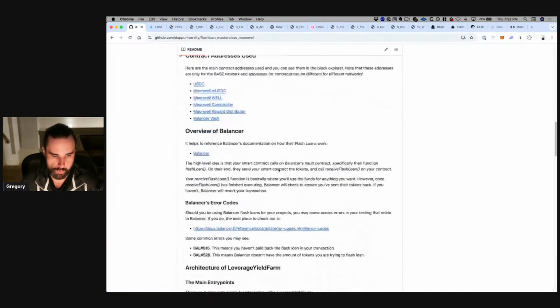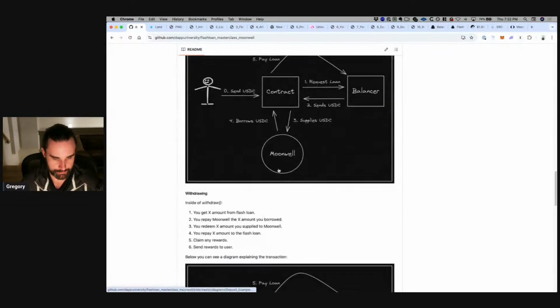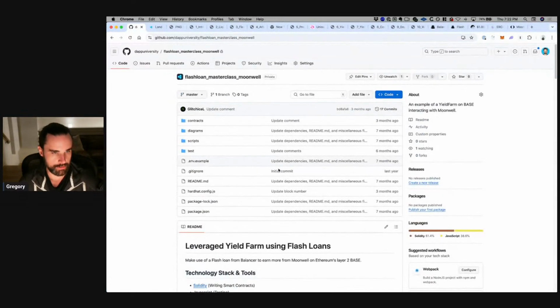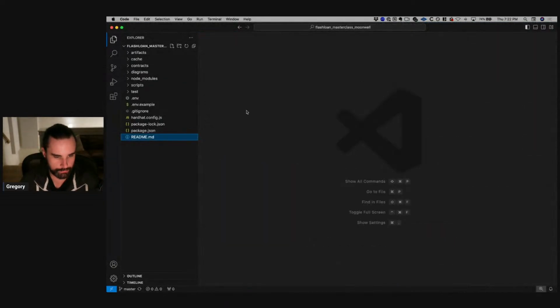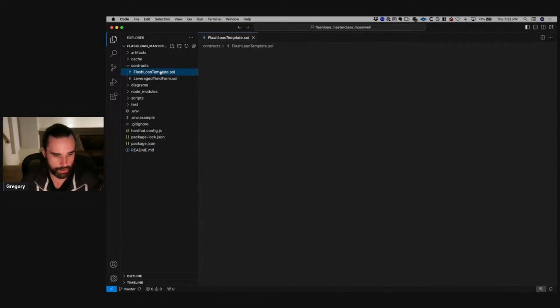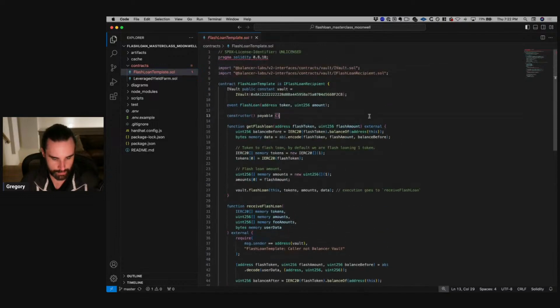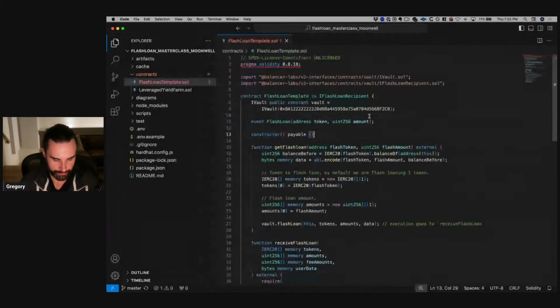Whenever you've downloaded that, you're going to want to go inside of your code, go to this contracts directory, and you're going to find this file called Flash Loan Template. So keep this handy. This is the smart contract that we're going to use to perform the basic flash loan. I'm going to explain this code in a minute. I'm just going to demonstrate the flash loan first, and then we'll come back and explain how the code works.